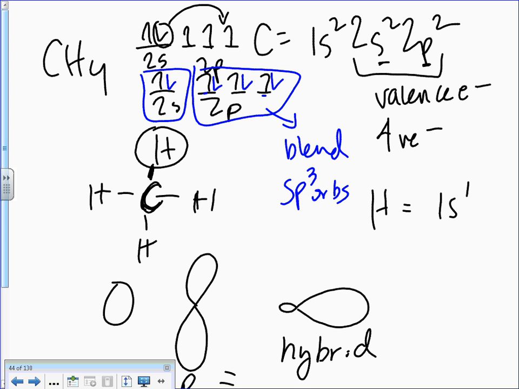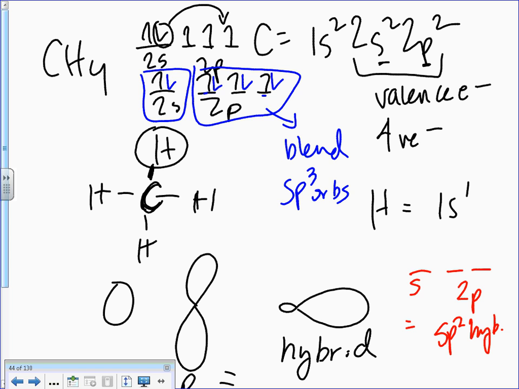So what do you think would happen if I blended an s orbital and 2 p orbitals? What would that hybrid be called? sp2 hybridized. It depends on the atomic orbitals I bring together on what I call the hybrid.